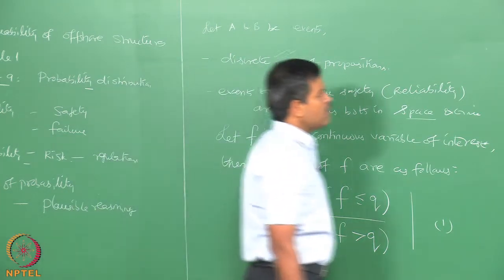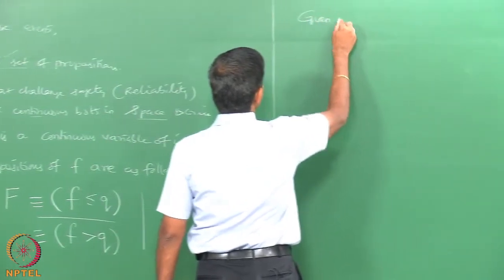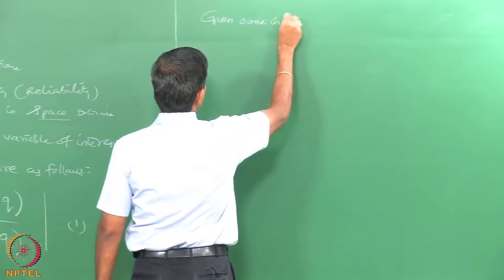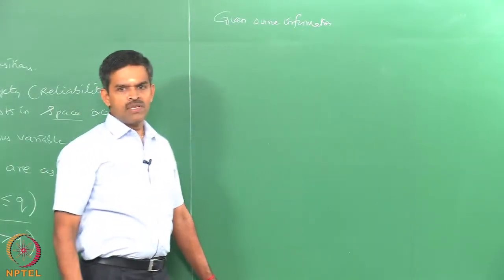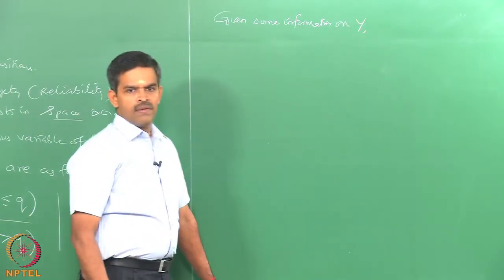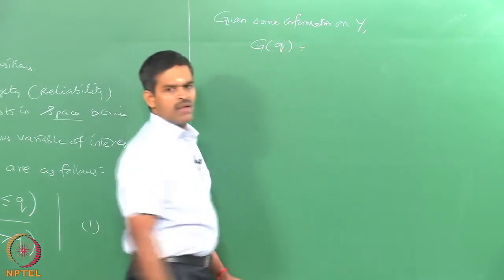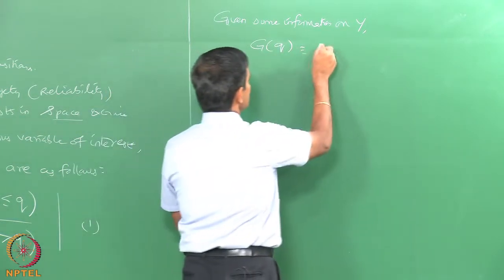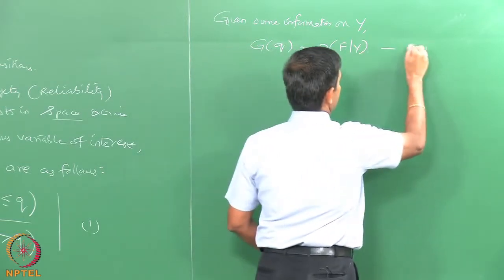Now, interestingly, given some information on event y, one can express a function like this, which can be equal to the probability of F less than q given event y.